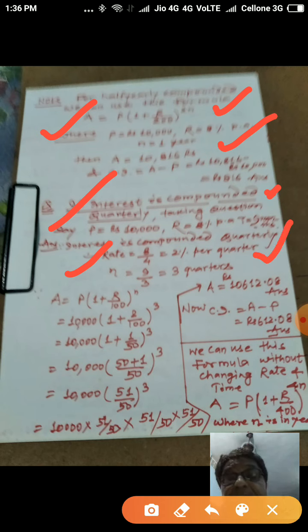Now another change in time, that is in n. Since time is given as 9 months and the condition is quarterly compounded, quarterly means for each 3 months. So if you divide this 9 months into each 3 months, then you have 3 months, that is 1 quarter. You may say 3 months is called 1 quarter.